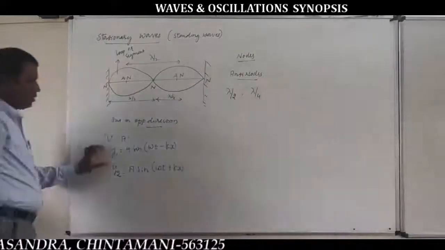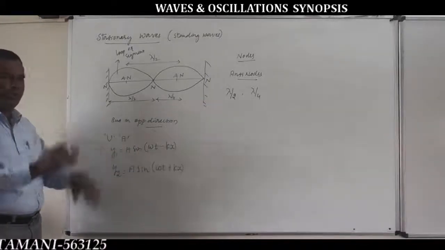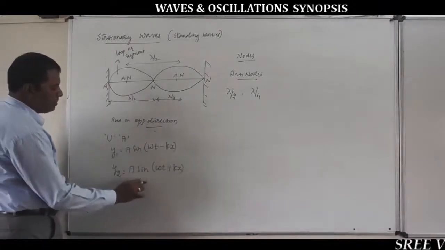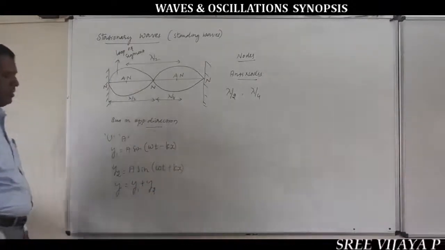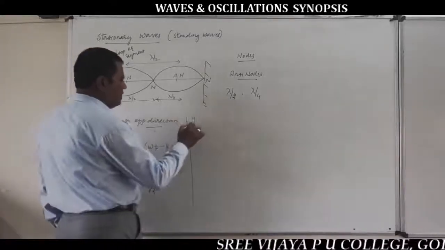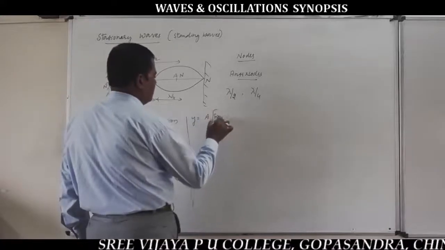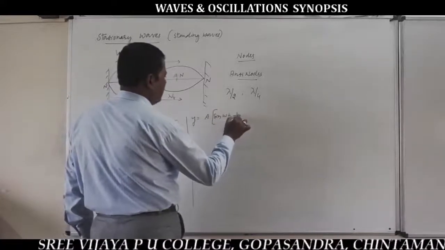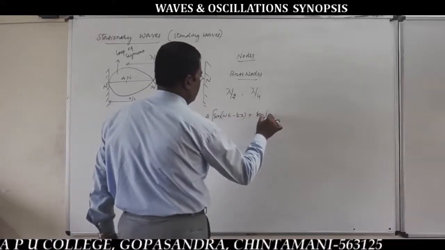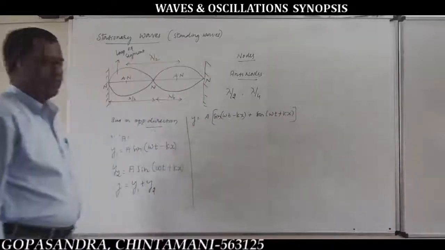Now consider these two harmonic waves traveling in opposite direction; when they superpose, there is generation of stationary waves. From the principle of superposition, y is equal to y1 plus y2. That is, y is equal to a times sine(omega t minus kx) plus sine(omega t plus kx), where I have taken a as common.